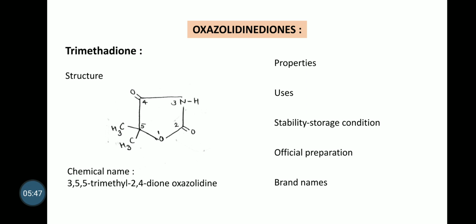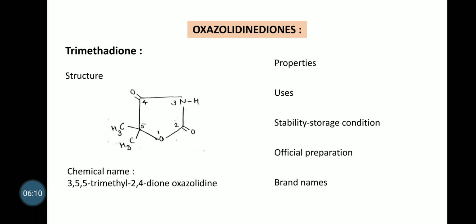Uses: it is used in the treatment of petit mal epilepsy. Stability and storage condition: it is affected by moisture and atmospheric oxygen, that is, degradation of trimethadione takes place due to moisture and oxygen. Therefore you have to store it in tightly closed containers.